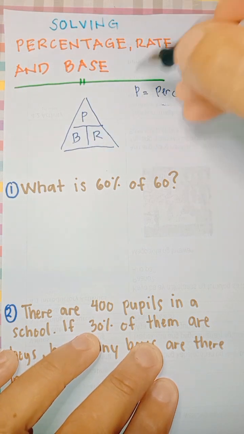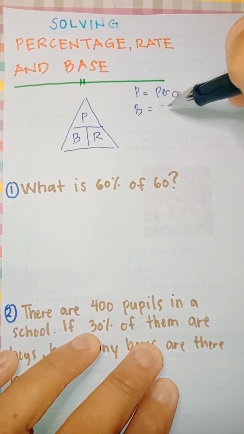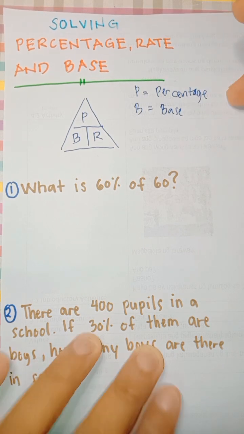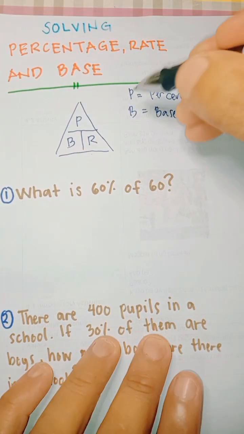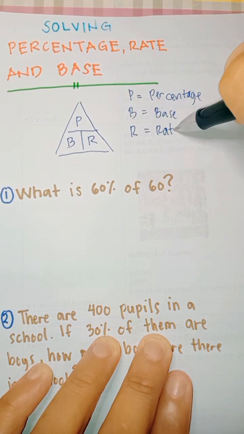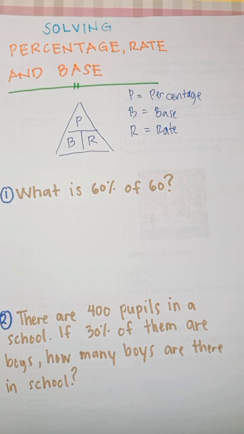B stands for base, and base is the total quantity of something. And R is the rate. Rate is what part the percentage is of the base.